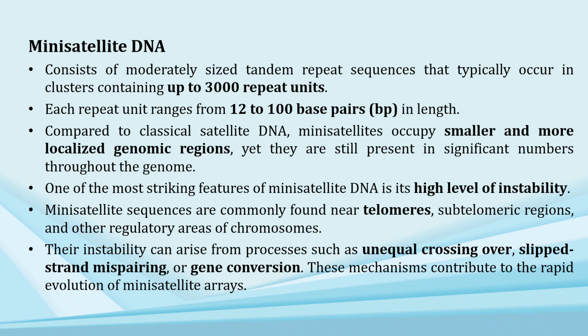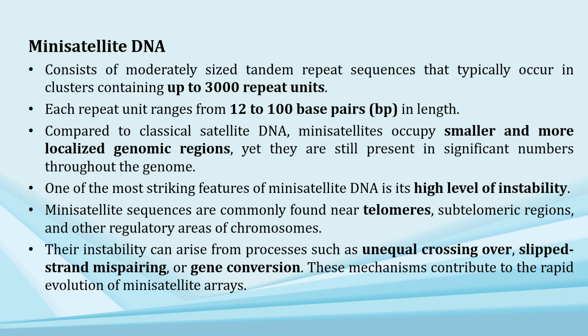Mini satellite DNAs. They consist of moderately about 3000 repeat units, and they range from 12 to 100 base pairs in length. Compared to classical satellite DNA, mini satellites occupy smaller and more localized genomic regions, yet they are still present in significant numbers throughout the genome.